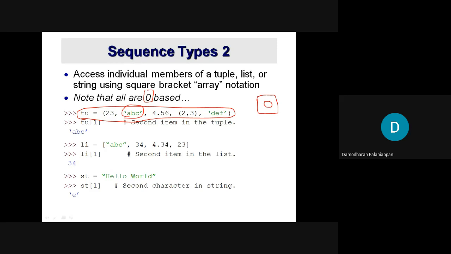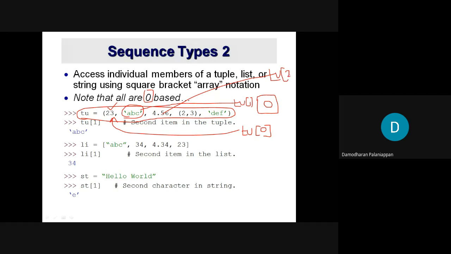If I want to read the data 23, I use TU square bracket 0. Then this TU[0] represents the value 23. Like that, ABC is represented by TU[1], and 4.56 is represented by TU[2].